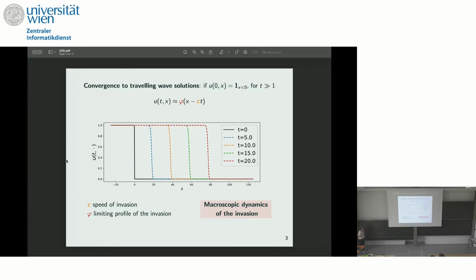And the stable profile tells you exactly how the colonized region advances on the uncolonized one at constant speed c, and so the speed c will be interpreted as the speed of invasion.